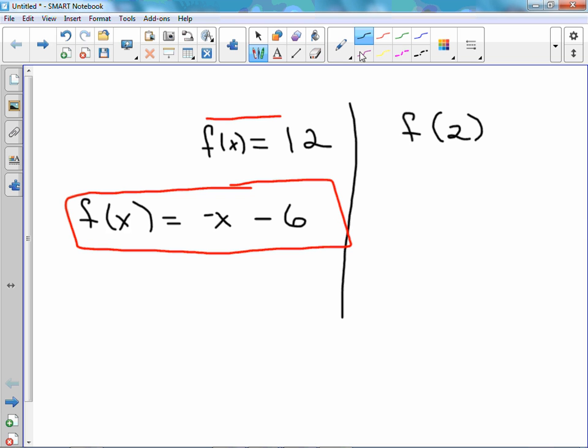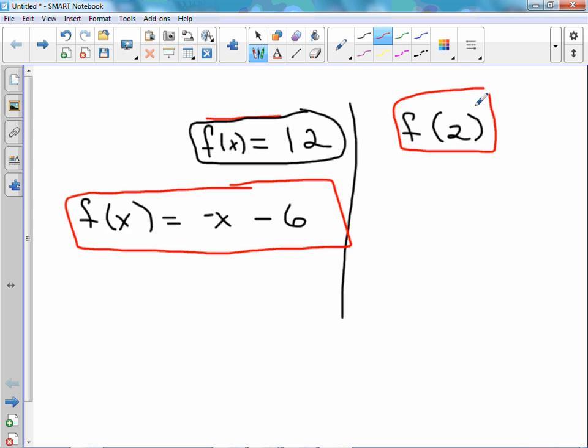The problem part is that you're given either f of x equals 12 or f of 2. If you have f of x equals 12, that means you have to substitute the 12 in for your f of x.